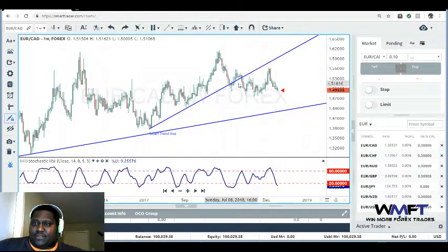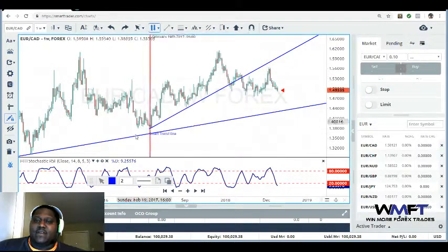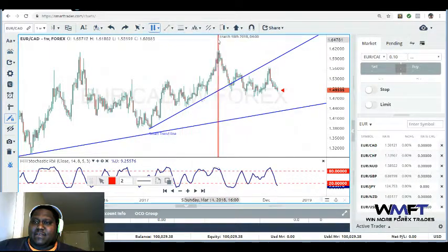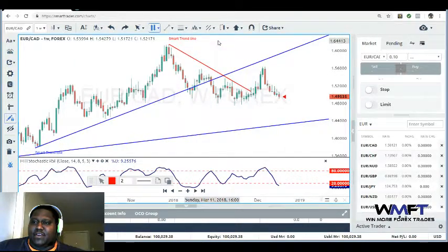Then the market broke down through the trend line, and now we have entered into the sell zone. So the direction on this weekly time frame for the EURCAD is bearish. So we are looking to sell this market. And actually you can bring a trend line here.